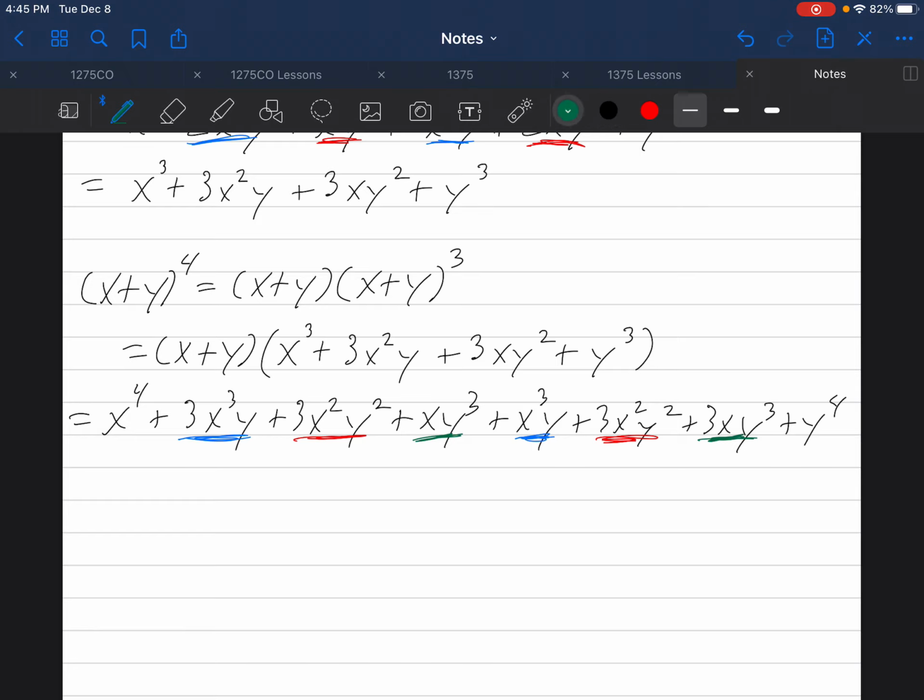So now three separate like terms to add up together. X to the fourth plus 4x to the third times y plus 6x squared y squared plus 4xy to the third plus y to the fourth power.